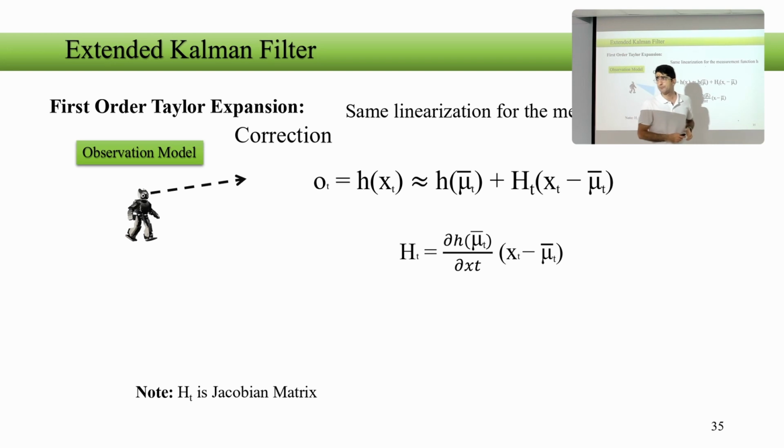So the same Jacobian matrix over here can correct our observation model. So by using this idea for observation and replacing this term, we can achieve linearization of the nonlinear model.